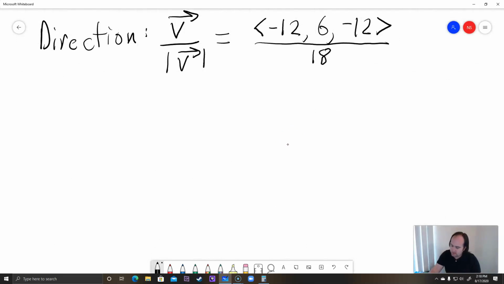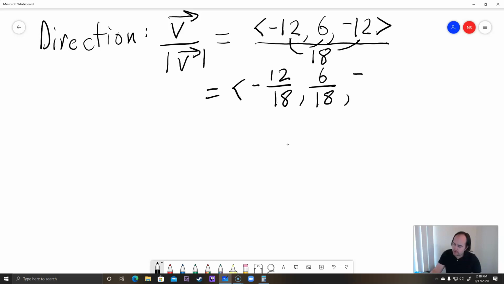So think of it as distributing the 18 to each denominator. So the direction here is going to be, the first component is going to be negative 12 over 18. Second component is going to be 6 over 18. And the third component is going to be negative 12 over 18.